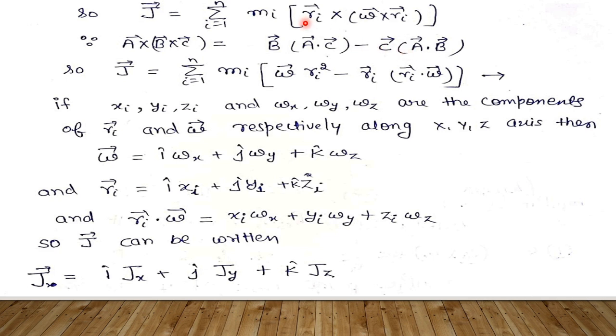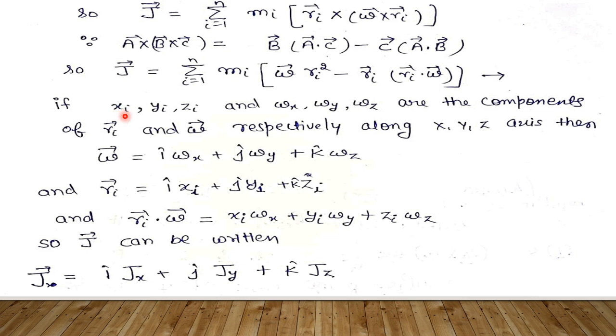By putting the values in this term and solving, we get J equals summation i equals 1 to n of m_i [omega r_i squared minus r_i (r_i dot omega)]. So by using this vector identity, we get the value of J.